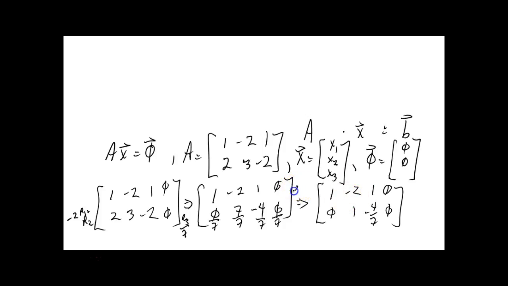Second, 2 row 2 plus row 1 is the new row 1. Okay? So, since I'm using the second row, I'll leave it alone. 0, 1, negative 4 sevenths, which is a really ugly 4. Let's see if we can clean that up just a tad. Okay, that's better.